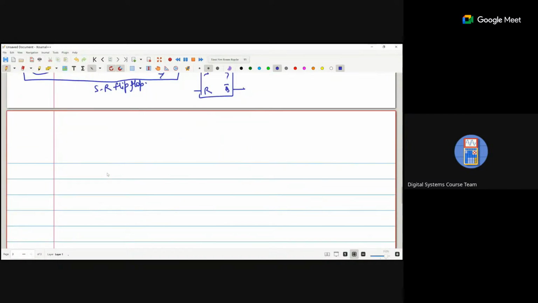Now either we can use the SR. How do we implement the D? In the case of D, S is connected with D and R is connected with D bar.